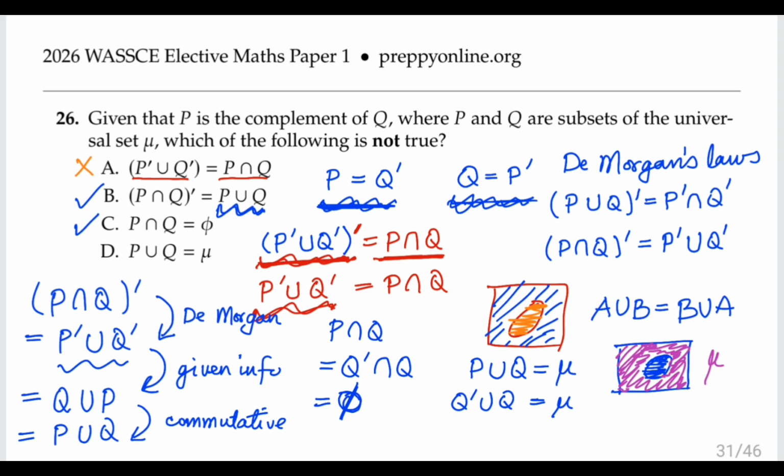So D is also true. So it's only A that is not true. The rest are all true.